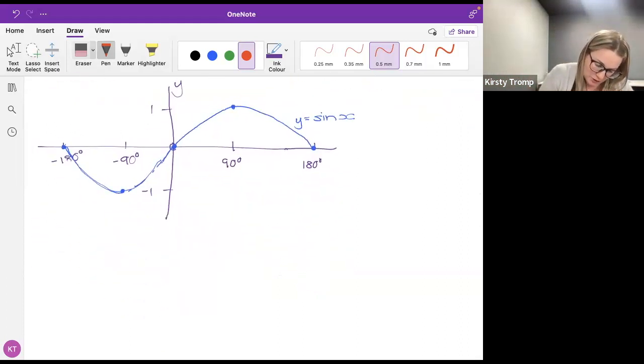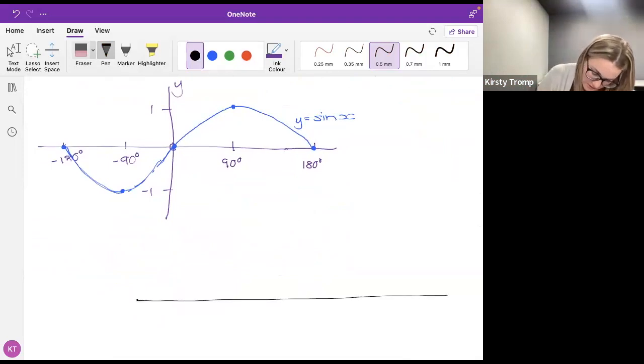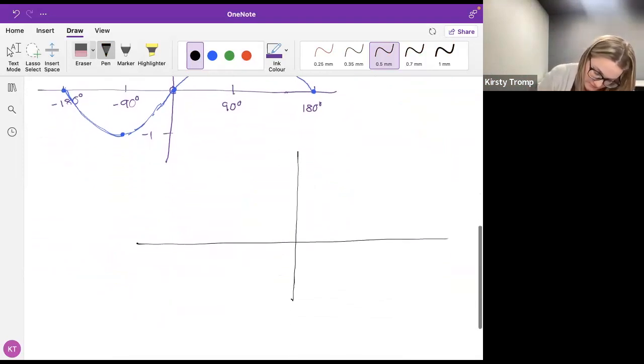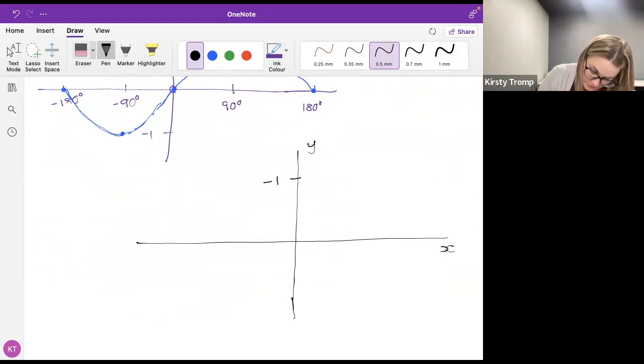I'm going to draw the tan graph down here. I've still got an x-axis. I've still got a y-axis. I'm doing -1 and I'm doing -1, guys. I'm going to 180 and I'm going to -180. That's all good.